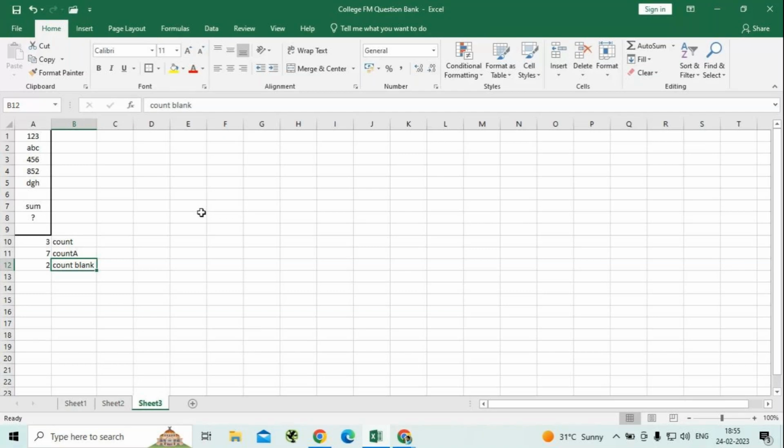Which function is going to tell us how many cells are filled up with numbers? Out of these three functions, which function, if I use it, will let me know how many cells are filled up with numbers?